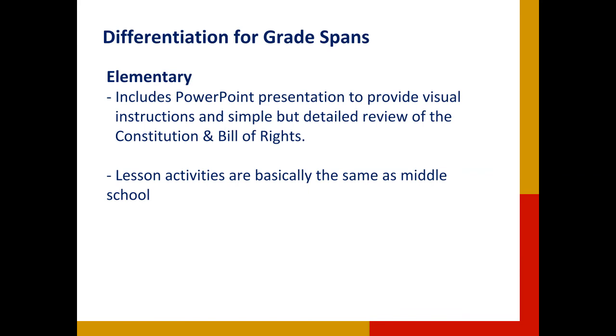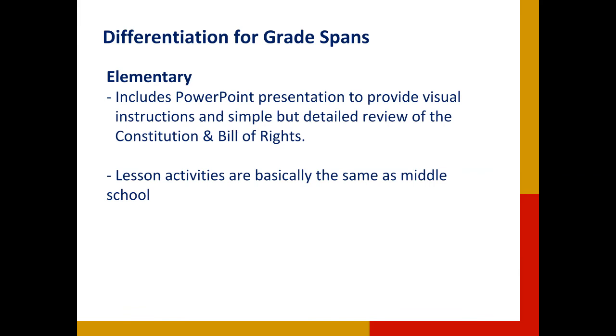But just quickly, for the elementary lesson, really, the lesson activities are basically the same as this middle school lesson that we've shown you. What's different in the elementary school lesson is that it includes what in this lesson was optional, but it's a more integral part, the PowerPoint presentation that provides visual instructions for the students to help them move through the different parts of the lesson.